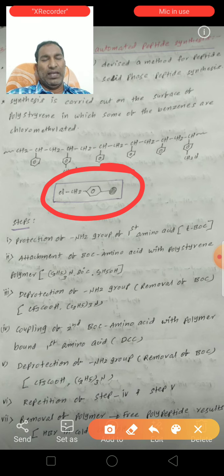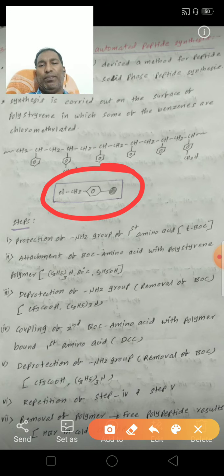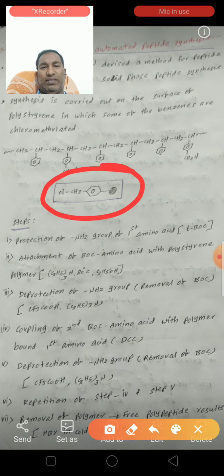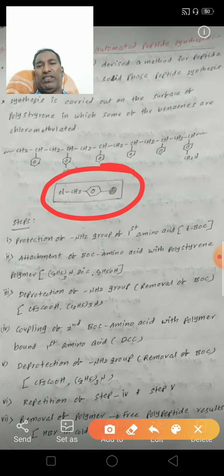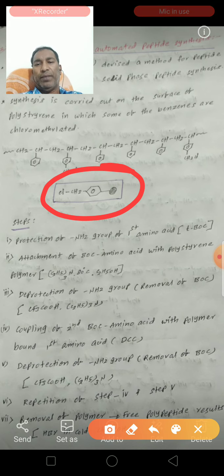Second, attachment of the BOC amino acid with the polystyrene polymer in presence of triethylamine at 80 degrees centigrade in ethyl alcohol.